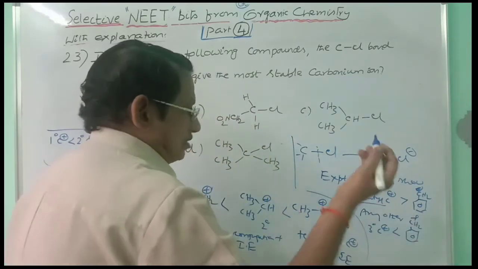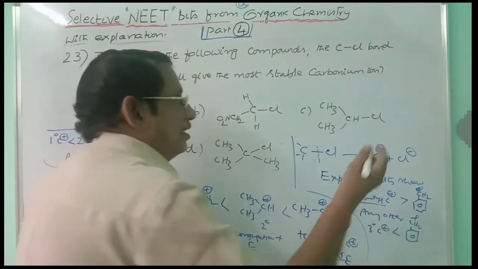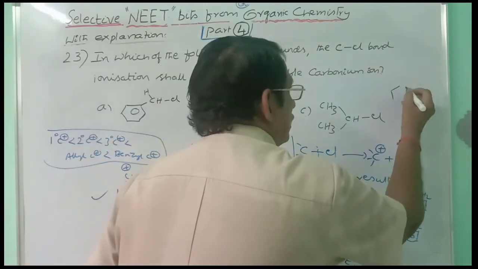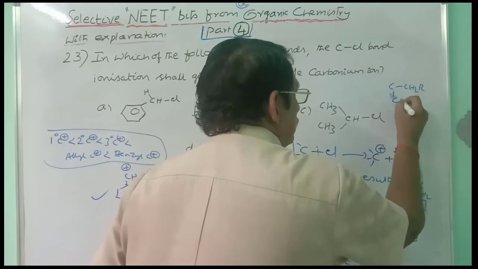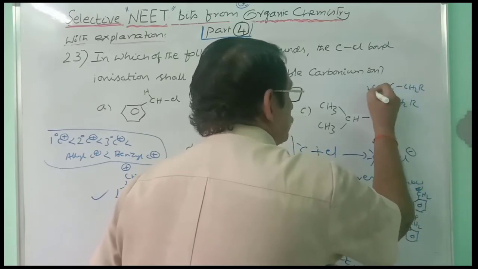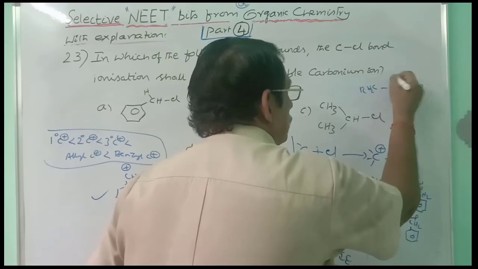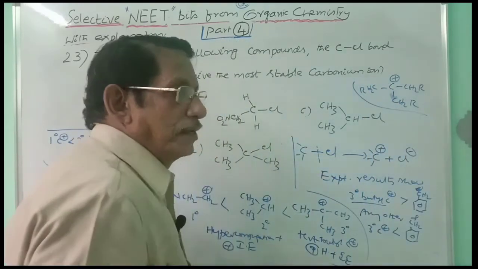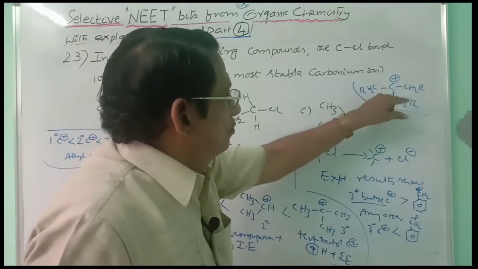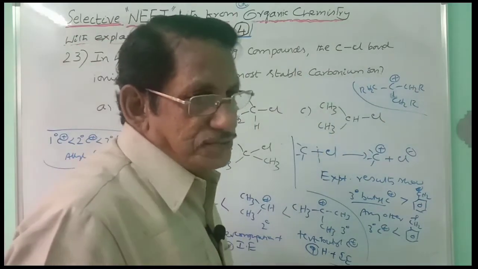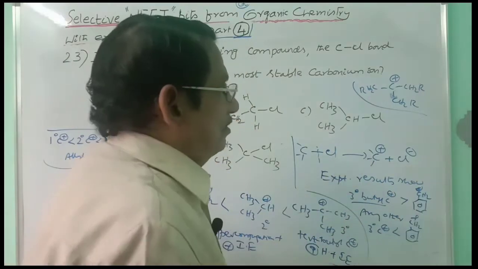You can take, for example, a tertiary carbocation other than this, in this manner: CH2R, CH2R, CH2R. You can take this one. Here there are alpha carbons with 2 hydrogens each. There will be only 6 hyperconjugative resonance forms along with the inductive effect.